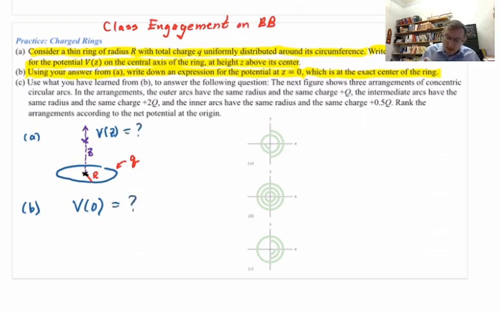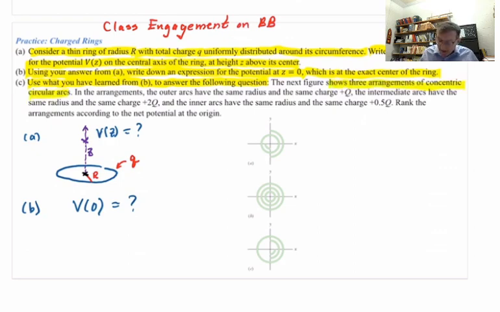Okay? All right, then part C is the following. Let's extend what you've learned in answering really A and B to now tackle the following situation. It involves the figures you see below. There are 3 arrangements of concentric circular arcs.